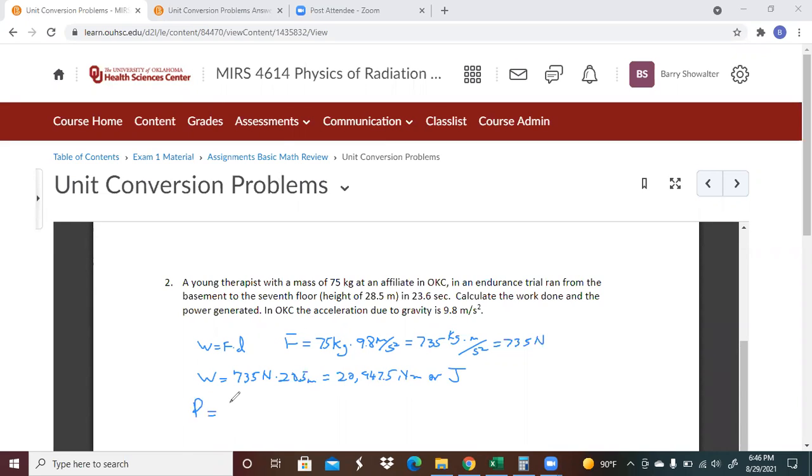Power is basically going to be the amount of work divided by the rate at which it's done. So we've got 20,947.5, and that is divided by 23.6 seconds.